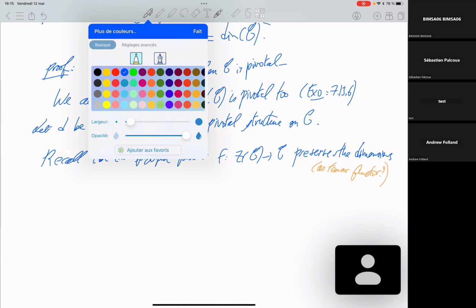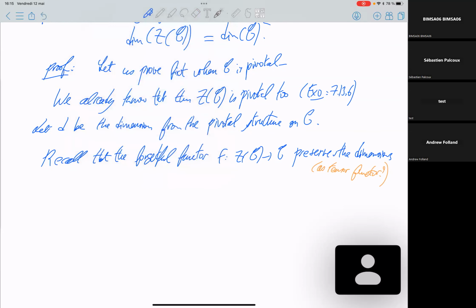So we'll consider an element of the Grothendieck ring, the Grothendieck algebra, in fact. So let us consider the following element in the Grothendieck algebra.